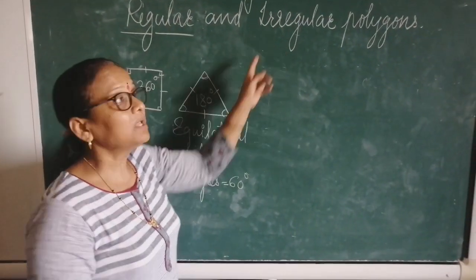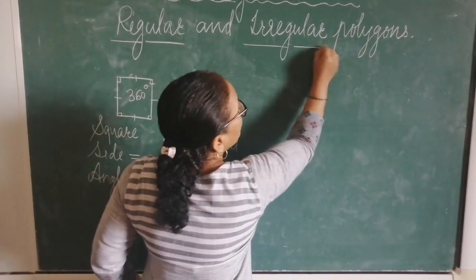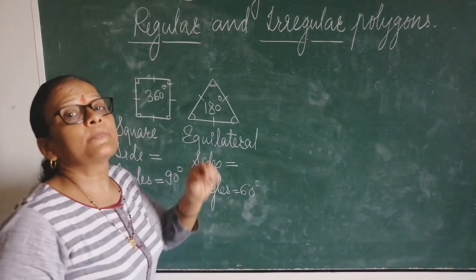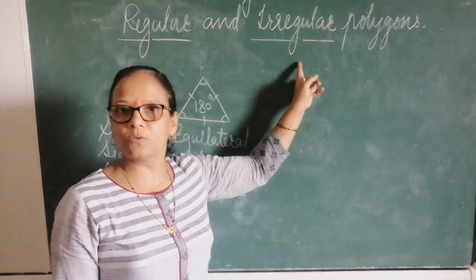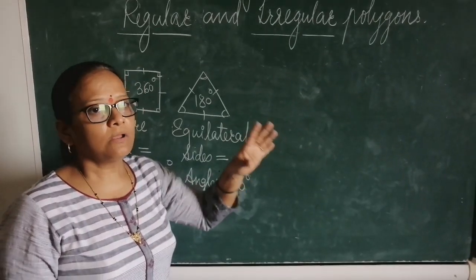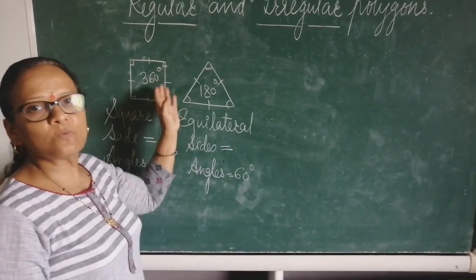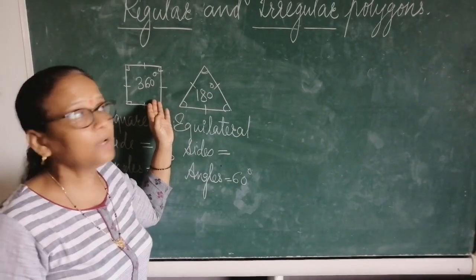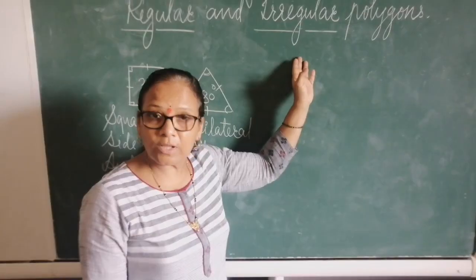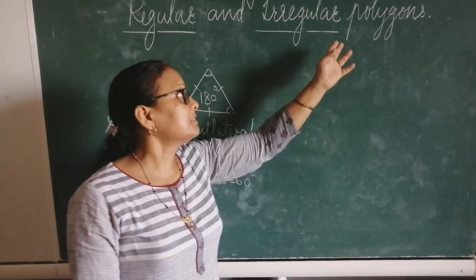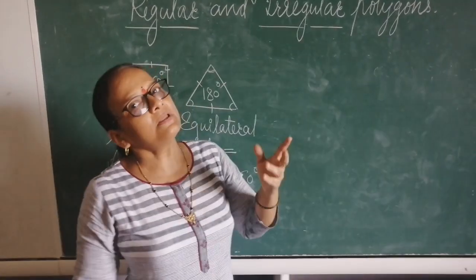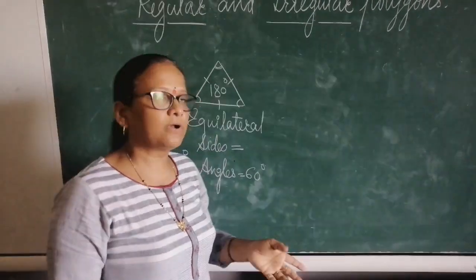Now we will talk about the irregular polygon. What is an irregular polygon? A polygon which is not regular is called an irregular polygon. In a regular polygon, all the sides and all the interior angles are equal, but in an irregular polygon the sides are different, and as the sides are different, the interior angles are also different.